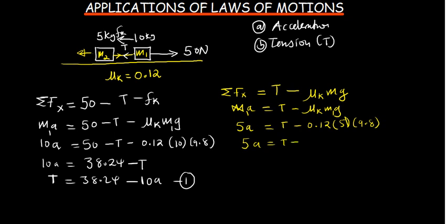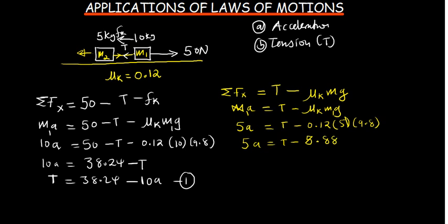And then I'm going to take the 5.88 to the other side so that I remain with t. So in this case, t is going to be equal to 5a, and the 5.88 is going to become positive. So now we have got two equations, both with a and t.